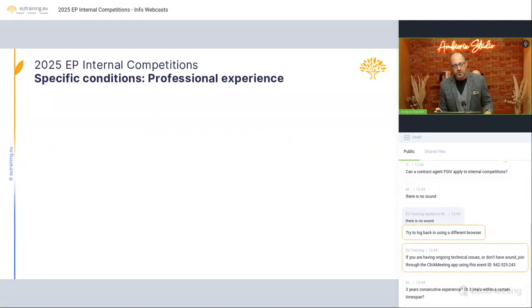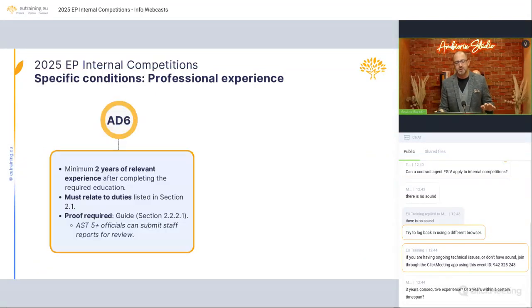When it comes to the professional experience, for the AD6, as mentioned before, you need a certain amount of professional experience. It cannot be just a high school degree, or just a college or university degree on bachelor level. You need an additional 2 years after completing the education. And again, the criterion is that it needs to be relevant to the duties.